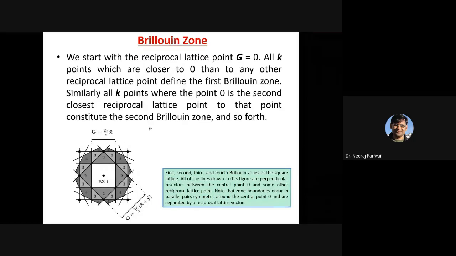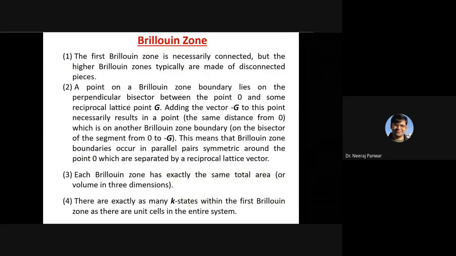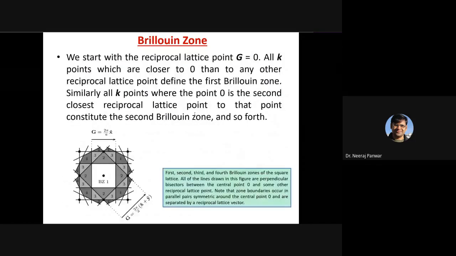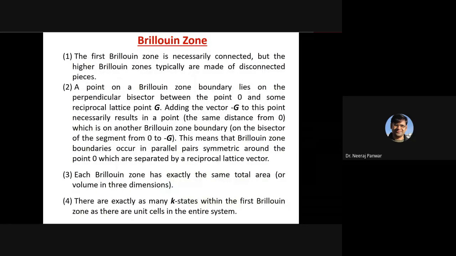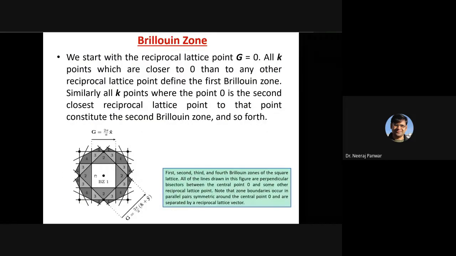But the important thing is that a point on a Brillouin zone boundary, for example, this is the boundary of the first Brillouin zone. If any point lies on this boundary, then that point lies on the perpendicular bisector between the point 0 and some reciprocal lattice point G. And you can very well understand it.